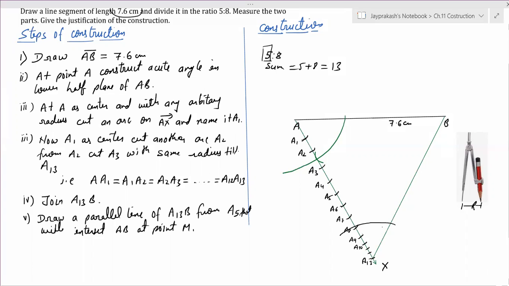Now remove your compass and place it on A5. And with the same radius, cut another arc. Okay, this one is another arc with the same radius. Sir, mine went outside the figure, I made it too big.